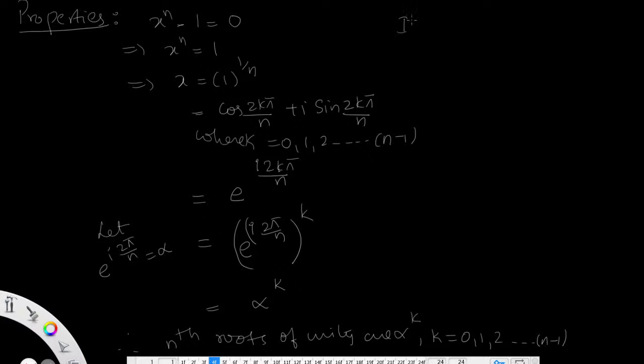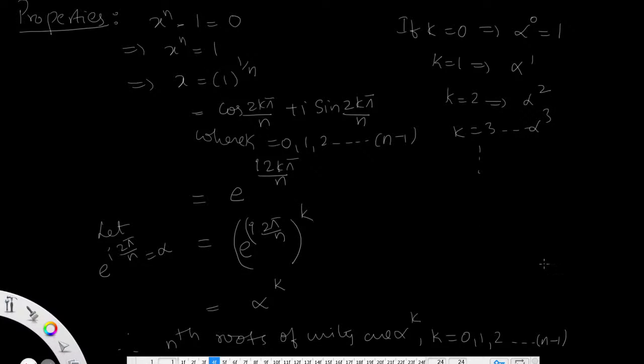If k equals 0, then you get alpha to the power of 0 equal to 1. If k equals 1, that is alpha to the power of 1. If k equals 2, you get alpha square. If k equals 3, alpha cube.